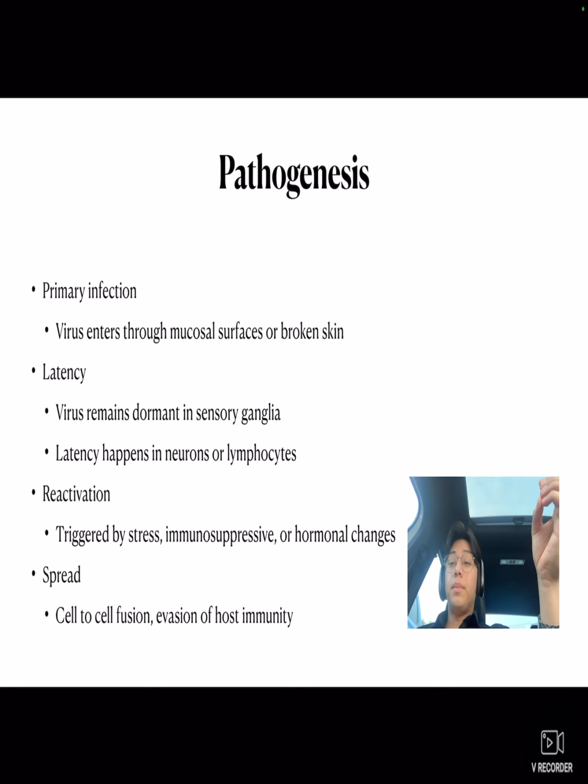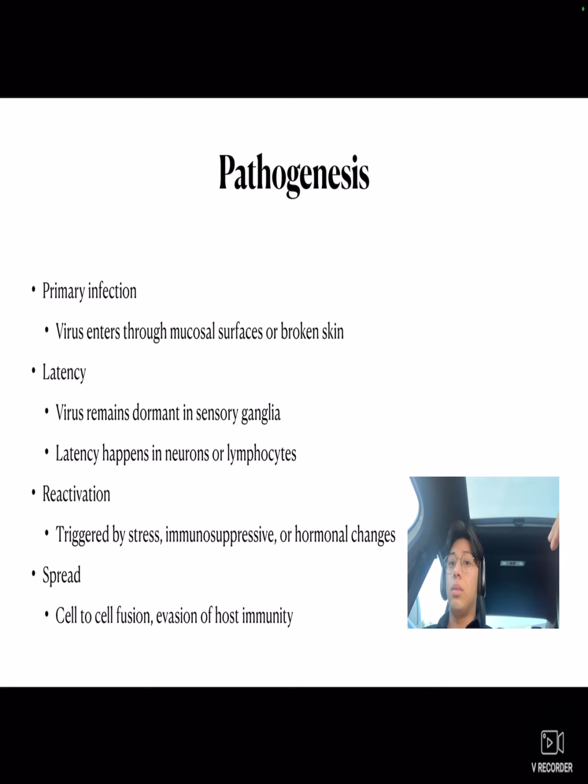Okay, so pathogenesis. This is just a little overview; I'll go into depth throughout the PowerPoint. You'll have the primary infection, which will enter through mucosal surfaces, like your nose or your mouth, or broken skin. The thing about herpes is that it has a latency period, going through 3 steps of latency of gene expression.